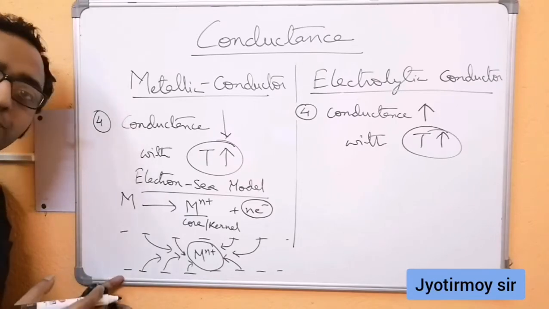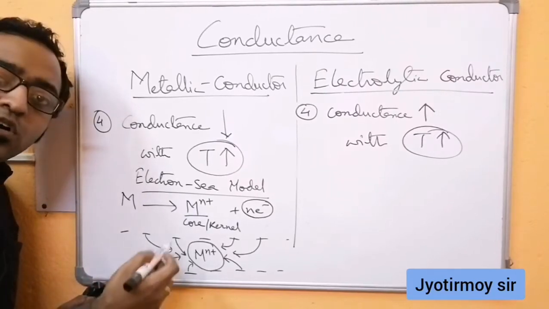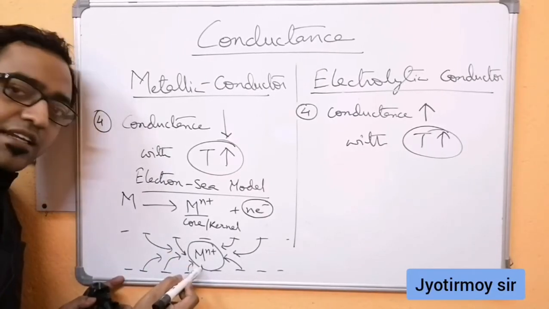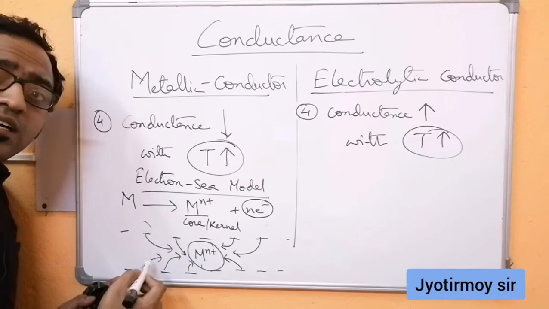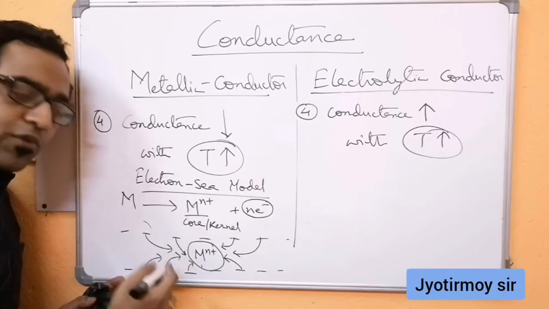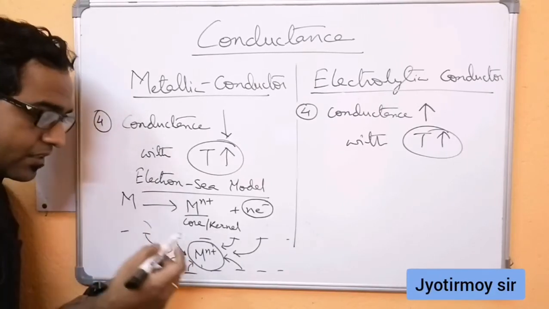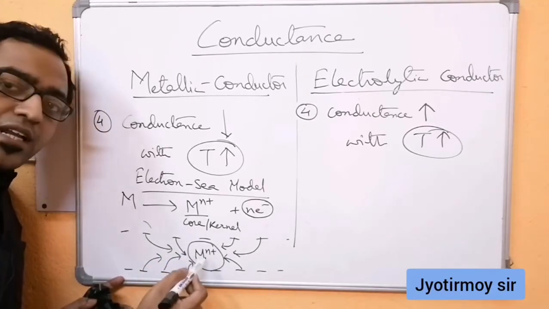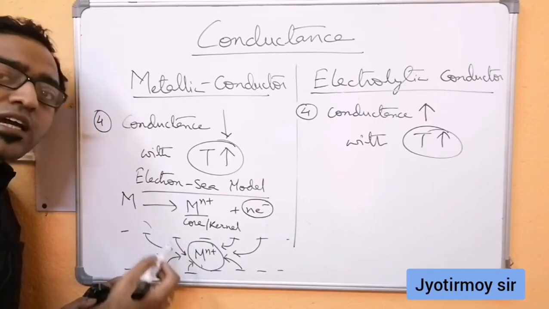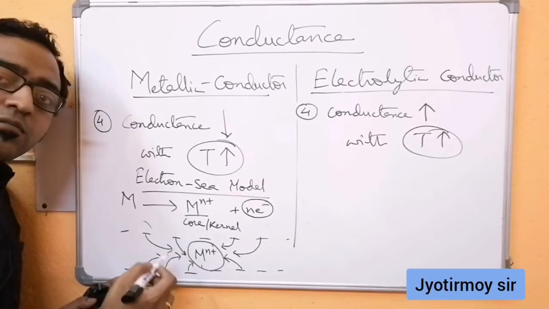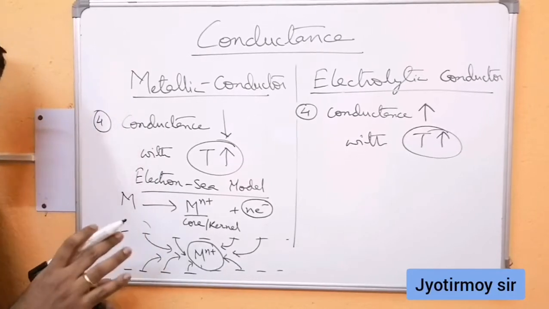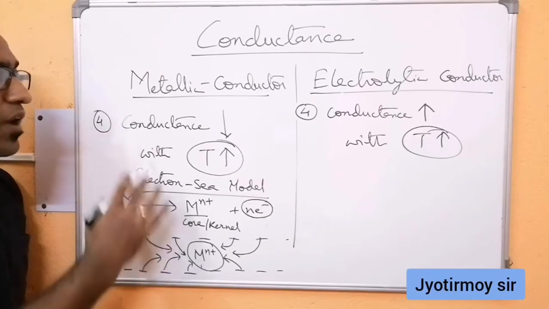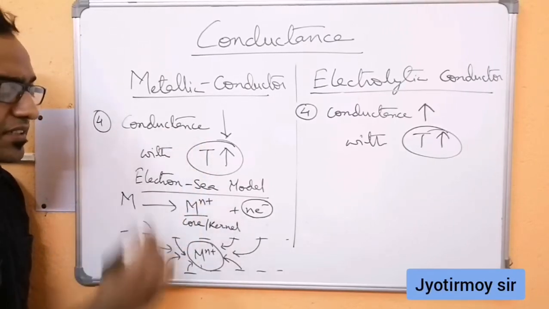So we define the metallic bond as the non-directional forces of attraction between the metal ions and the electrons in the electron sea. That is what a metallic bond is. Now from this model we can explain why the conductance decreases upon rise in temperature.